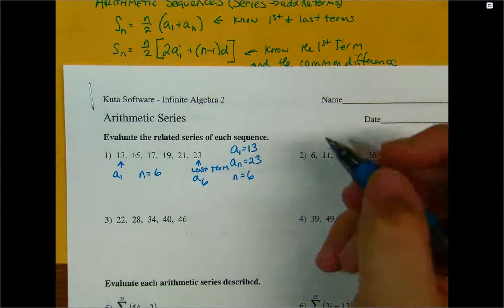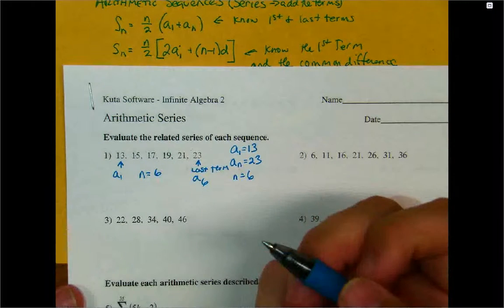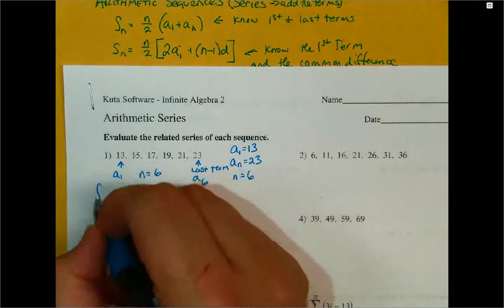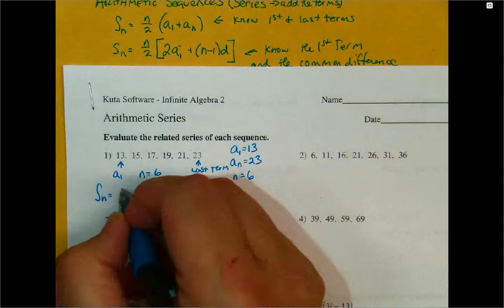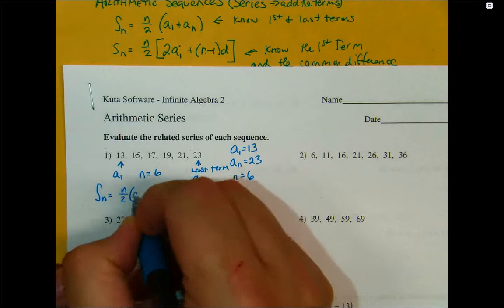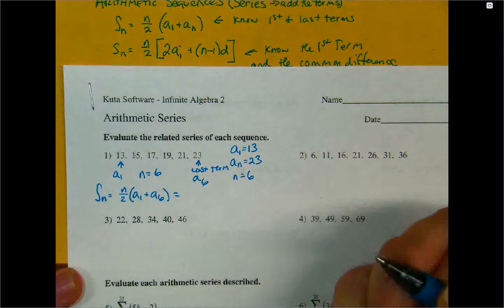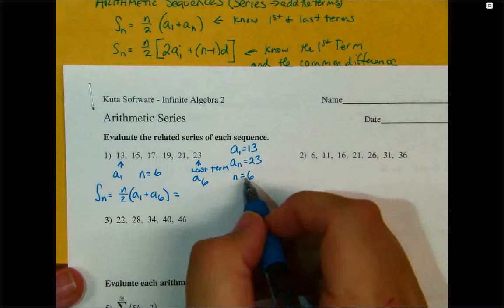Now, at this point, we can figure out the sum: n over 2 times a1 plus a6. Now, what's n? 6.